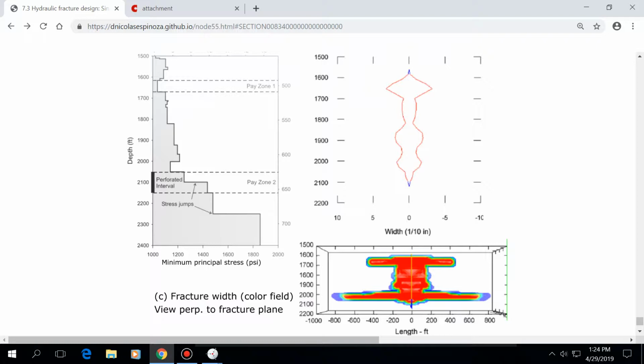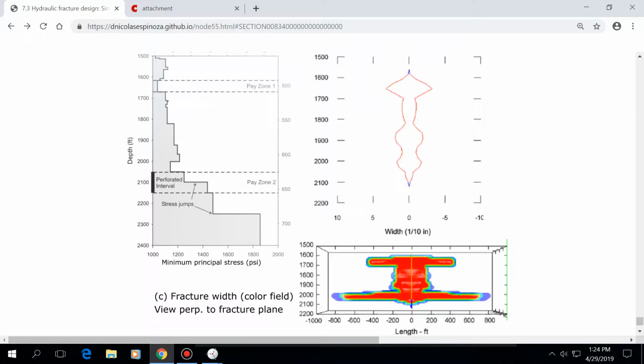Okay, but you're asking if there is a straight relationship between the length and the width, whether there is an inverse or a direct proportionality. So remember that the width depends on the geometry of the fracture, and one of those parameters is length, but it also depends on the properties of the formation. The softer the formation, the bigger the width is going to be.